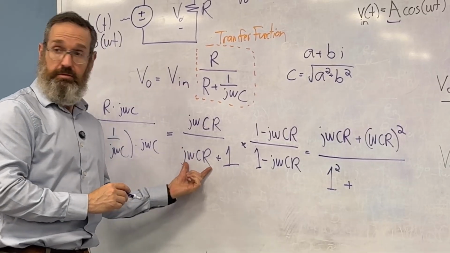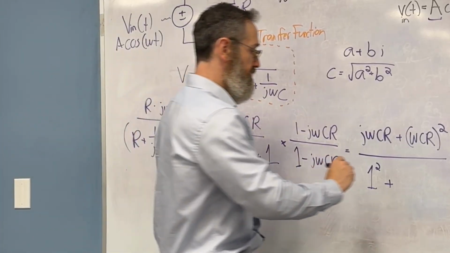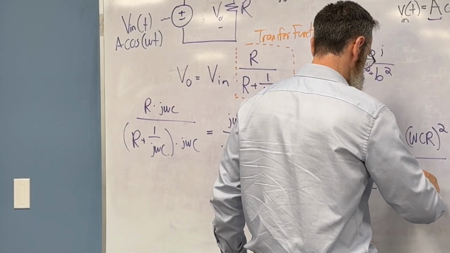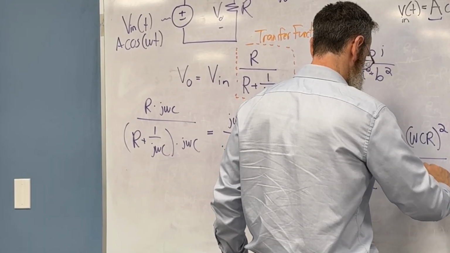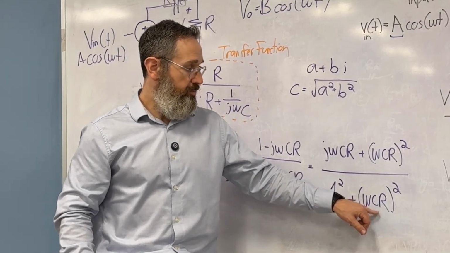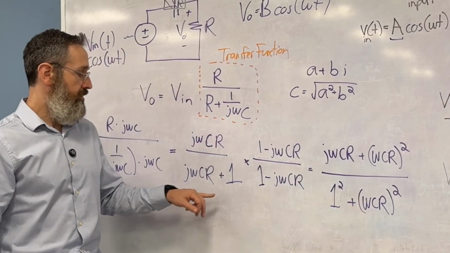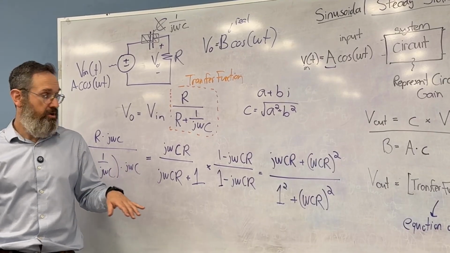This is the B. Going through this a little bit faster than I did before, but see if you're following. So this is WCR squared, right? A squared plus B squared with the A and the B. I mean, you got your notes, you can go through it.